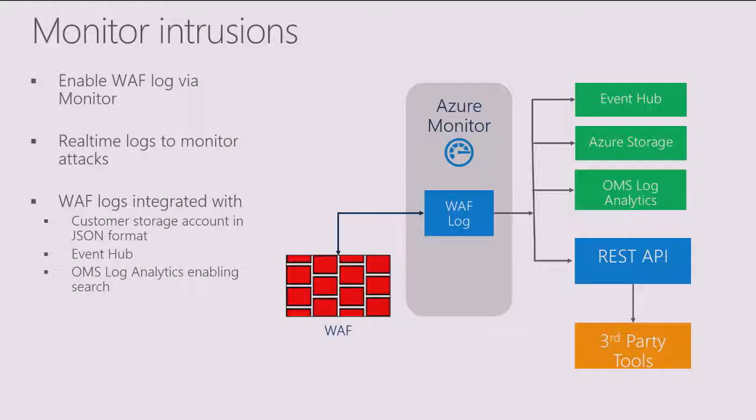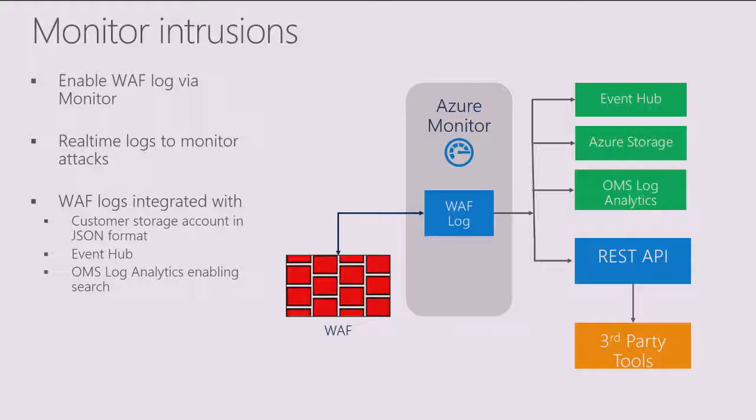Now, every time, either in detection or prevention, in both modes, we send any exploits which we detect to Azure Monitor. And from there, this is sent in a JSON format, and it can flow directly to the customer's storage account, or it can flow to a customer's event hub.